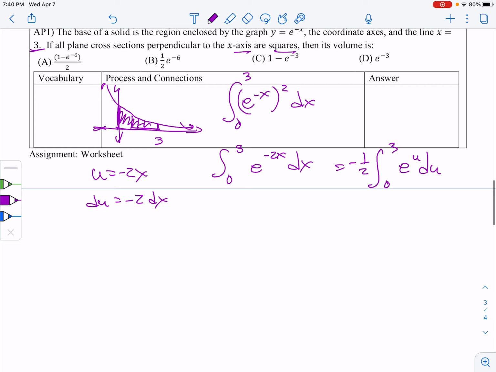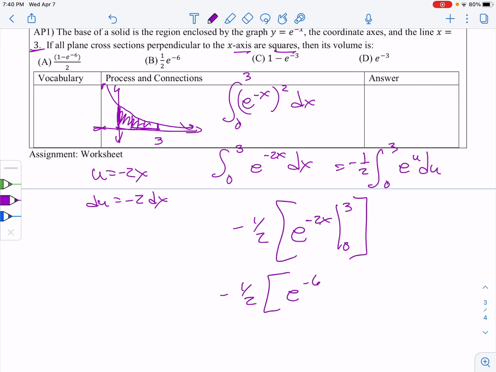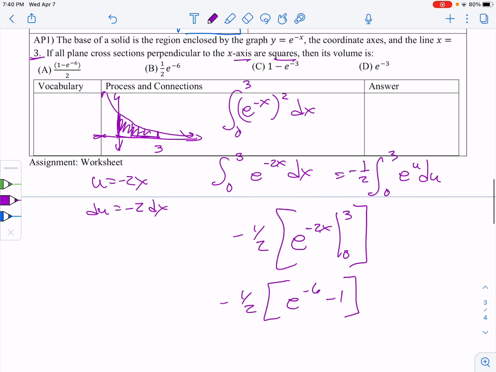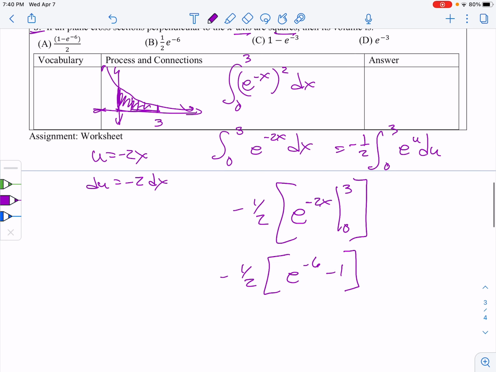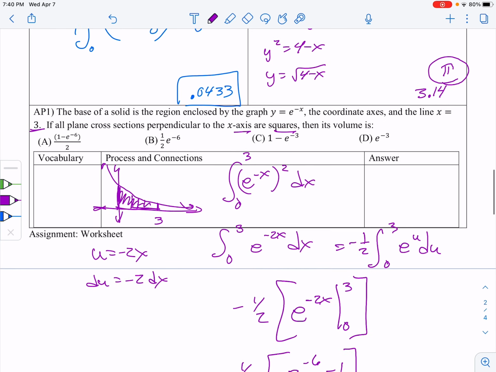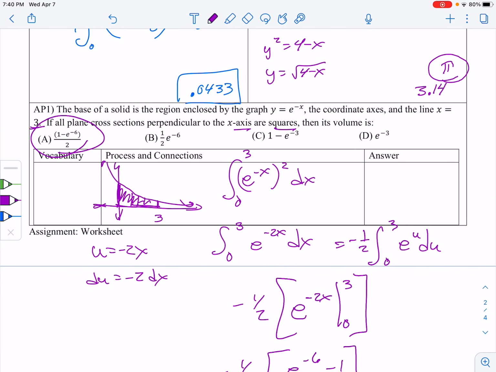The integration of e to the u is e to the u from 0 to 3, and I'm going to multiply it by a negative 1/2. So negative 1/2, e to the negative 6, e to the 0 is 1, and I multiply by a negative 1/2, so I end up with this. This is my answer choice when you simplify it.